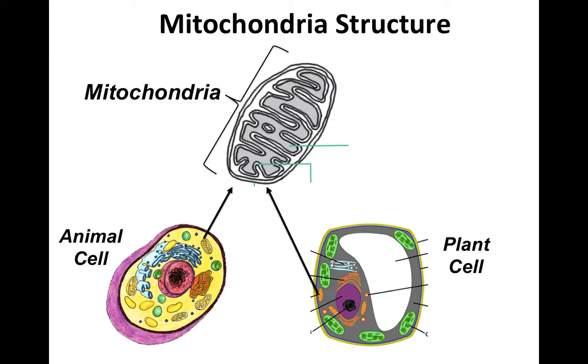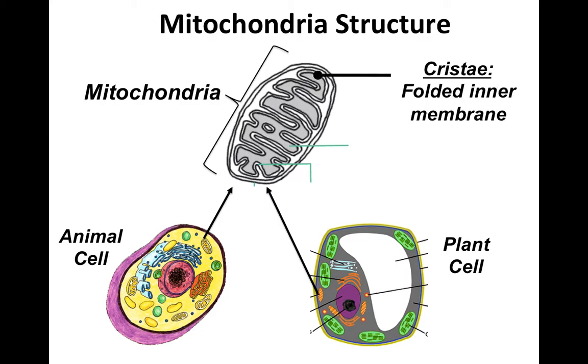Let's go over the parts. This whole thing right here is the good old mitochondria, so let's label it that. That whole structure is the mitochondria. Now, we have several things going on inside. The cristae. I think you guys have arrows on your diagram, or you can draw your own new arrows, it doesn't really matter.